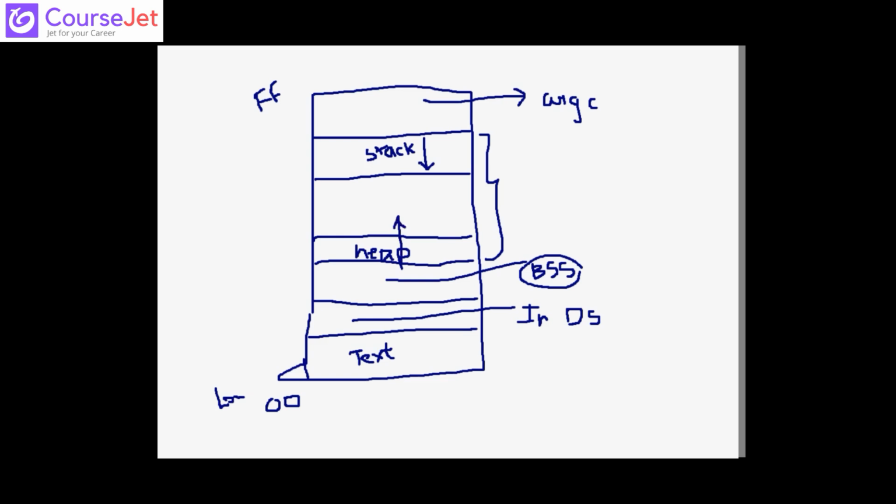Heap memory is the memory allocated while running. The stack is allocated when you compile the program, while memory you allocate at run time goes under heap memory.